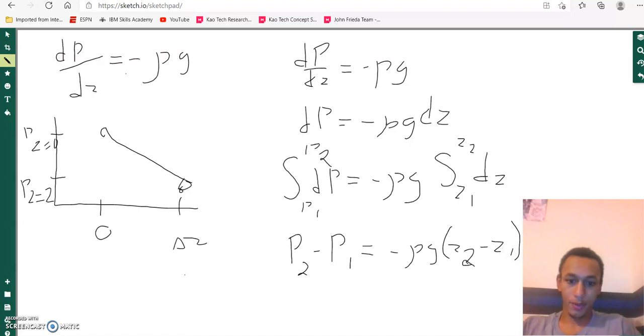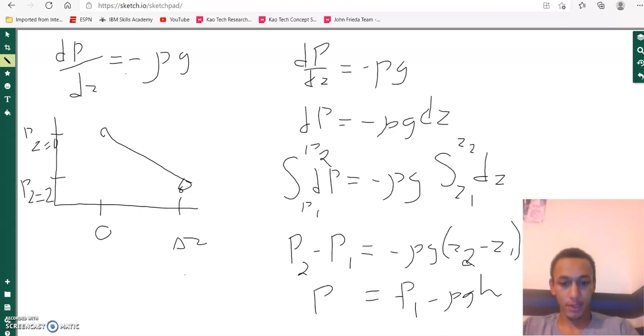And so you'll get P2 minus P1 is equal to rho G Z2 minus Z1, or the change in Z. And this change in Z can also be written as, let's actually get P2 by itself. So we get P1 minus rho G times this Z2 minus Z1, which can now be written as H. Since we are dealing with altitudes, it is actually height itself in this situation.